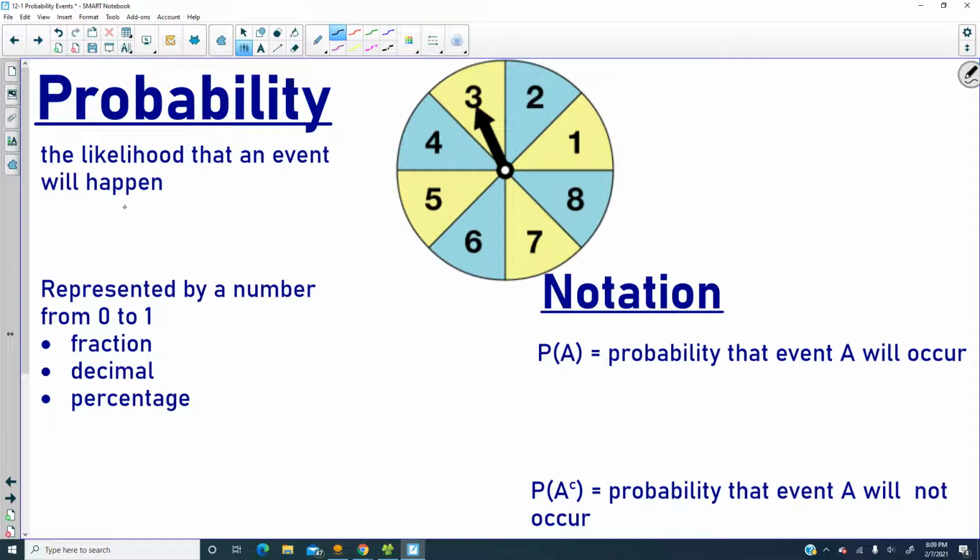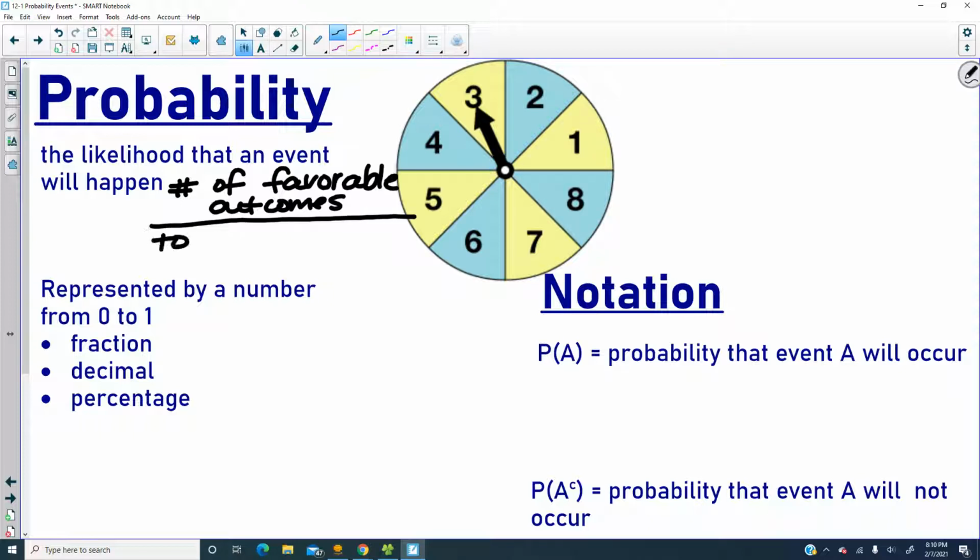And the way that we measure probability is we count the number of favorable outcomes, in other words, whatever you want to happen, out of the total number of outcomes. And that's how you find probability.